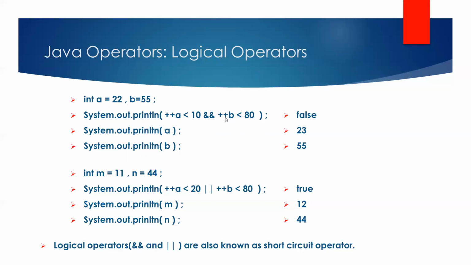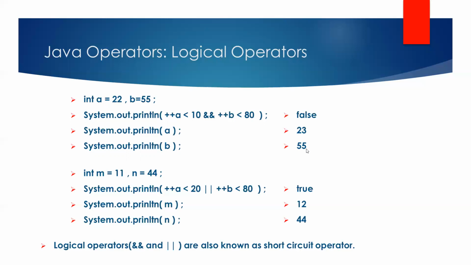Okay, Justin, so why will it not execute plus plus B? So the answer is correct, that is B is equal to 55, you are saying. Is that so, Justin? So B should be 55 or B should be 56?